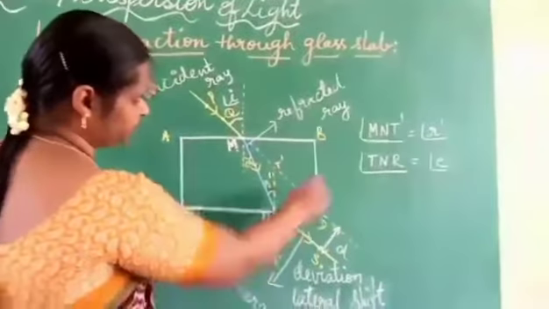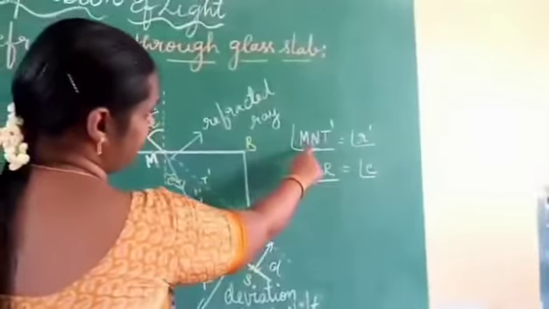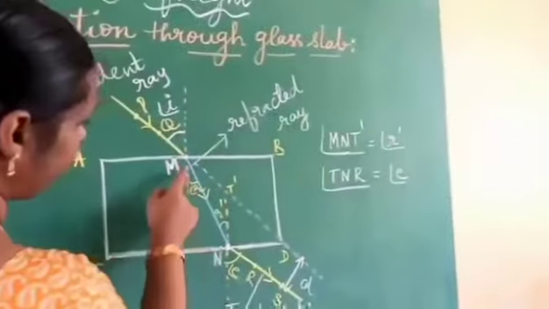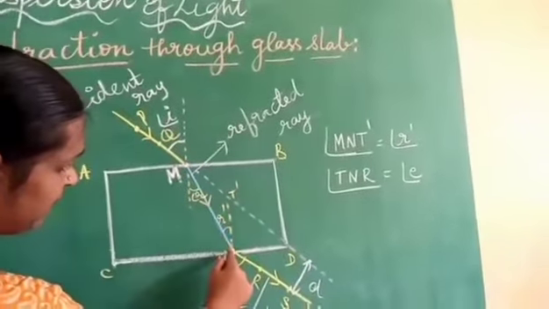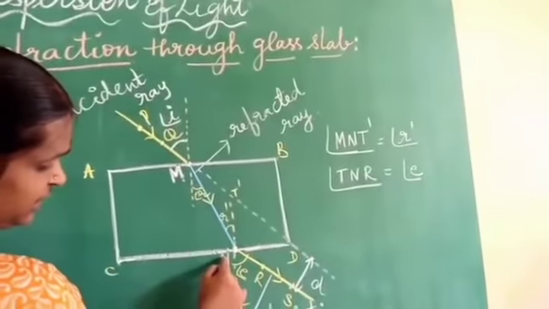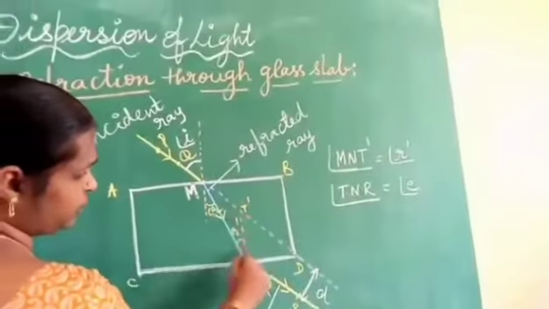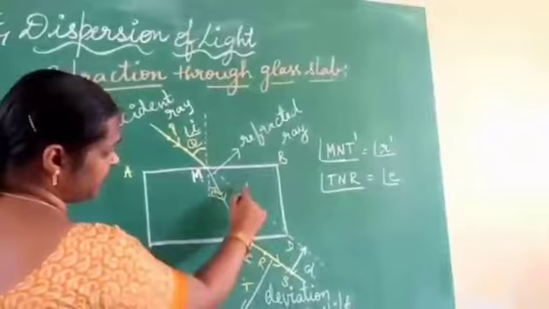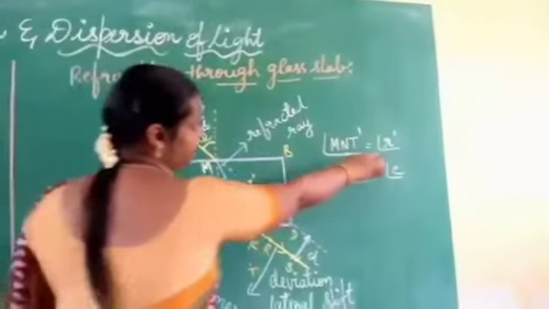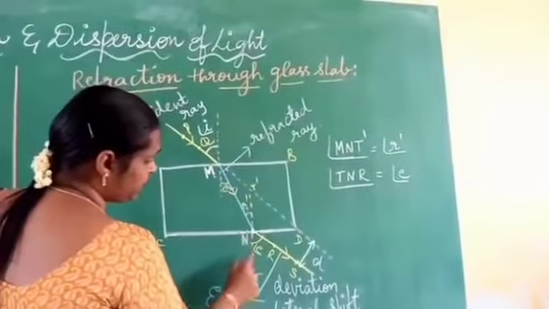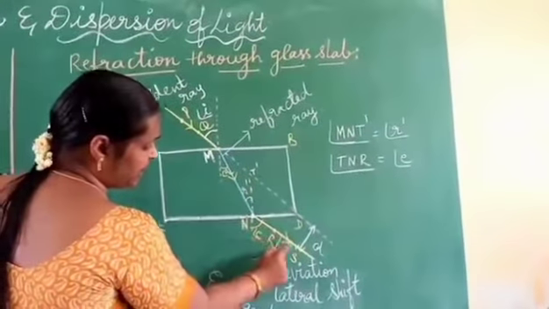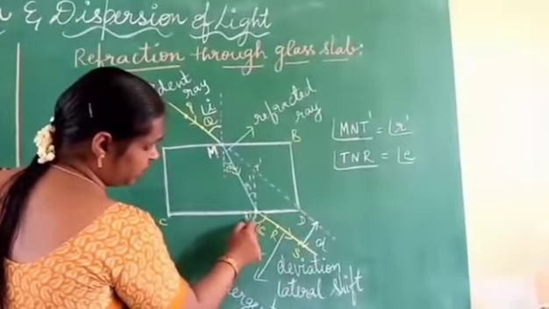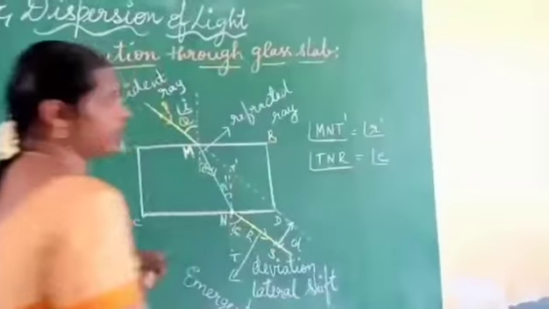So here angle MNT dash: M is on the blue color line, N is the point of incidence, and T dash I have shown here. So angle MNT dash is the angle of refraction, and angle TNR is called the angle of emergence.